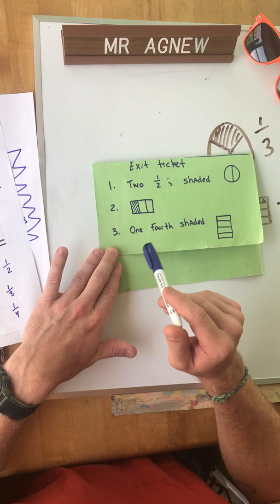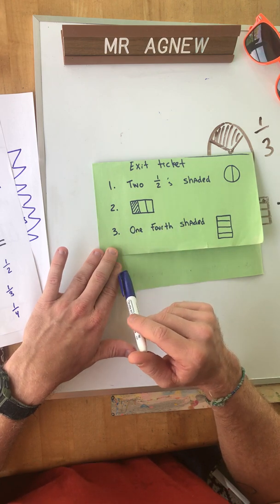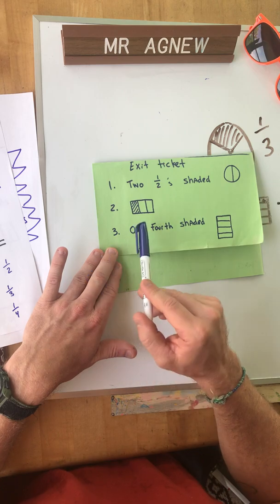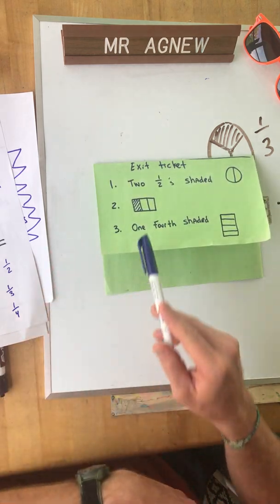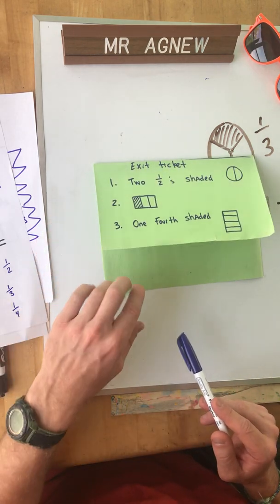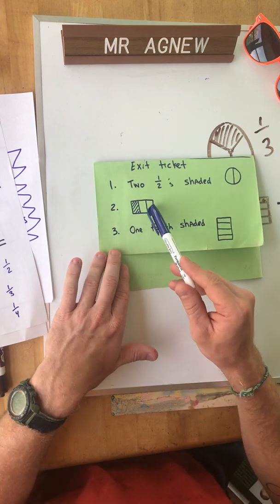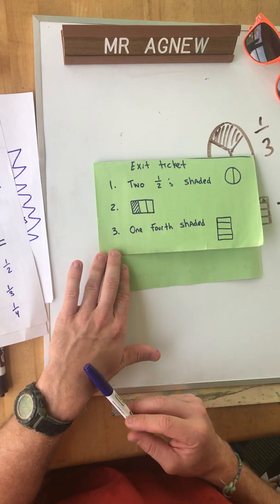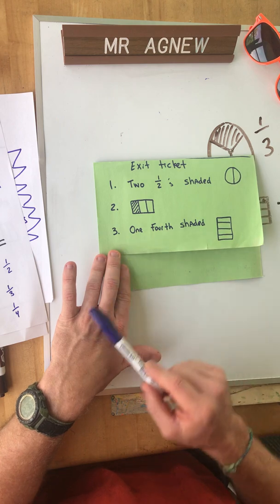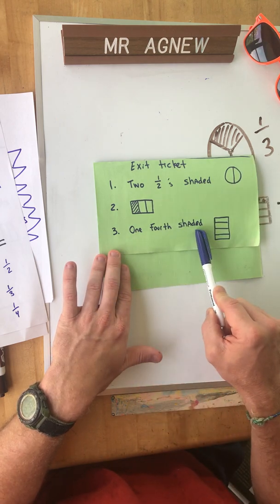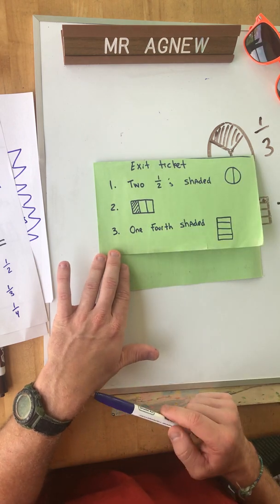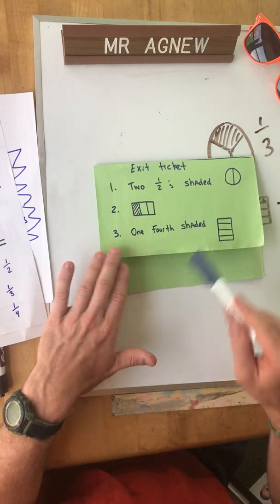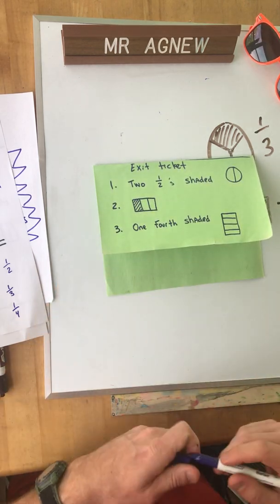Number 2, you'll need to label this one. What would the shaded fraction be? How many pieces were there and how many were shaded out of those pieces? And the third one, we want you to show the shape that is 1/4 shaded. That's it. Those 3 problems for your exit ticket.